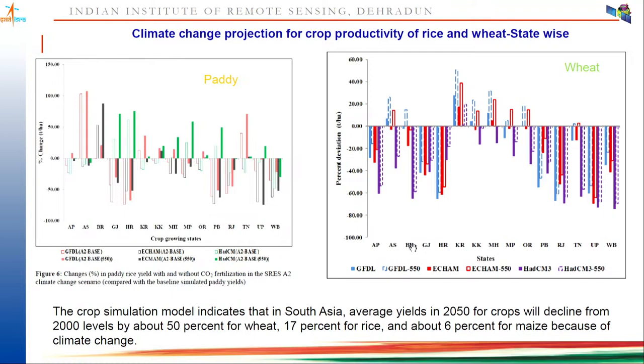And particularly this red, mostly many states are going to experience decline in the yield of crops, but there are certain states like Maharashtra and Karnataka where, for wheat, there may not be much decline in the yield.